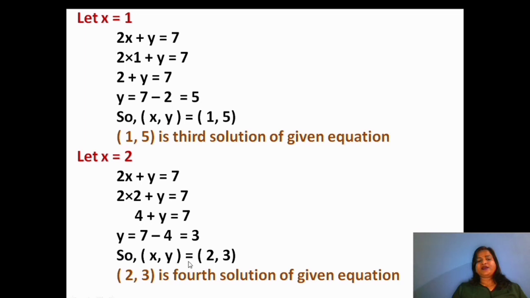So x, y is equals to 2, 3. Here you can see the value of x is equals to 2 and the value of y is equals to 3. So 2, 3 is the fourth solution of the given equation.